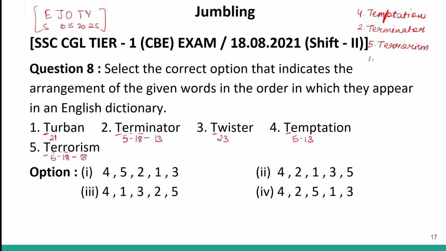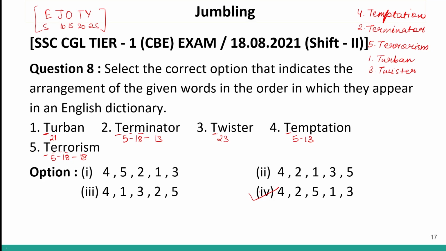Then we'll get turban. And then we'll get twister. So the correct sequence will be 42513, and 42513 is given in option number 4. So option number 4 will be the correct sequence.